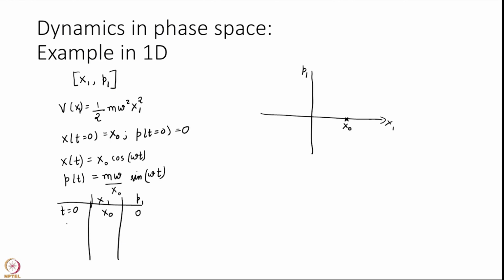Now, as time progresses some delta t, well, x is going to decrease and momentum is going to increase. Yeah, so if I plot a simpler plot, x looks like this. So, this is x naught. So, you see as time progresses x is decreasing.